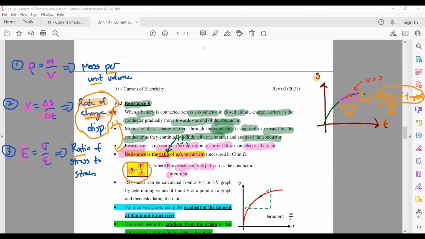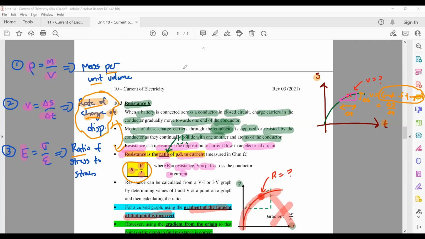So if you were given a graph of, say, PD versus current, like the ones shown here in your notes, and I tell you the variation of your PD and current is this, and then we ask you to find the resistance at this point, you cannot use the gradient of the tangent. Using the gradient of the tangent at this point is incorrect because it's not defined as rate of change of PD to current. It's defined instead as ratio of PD to current.